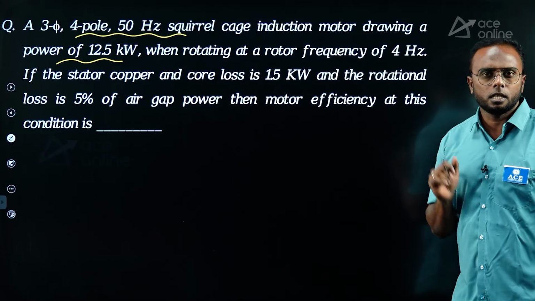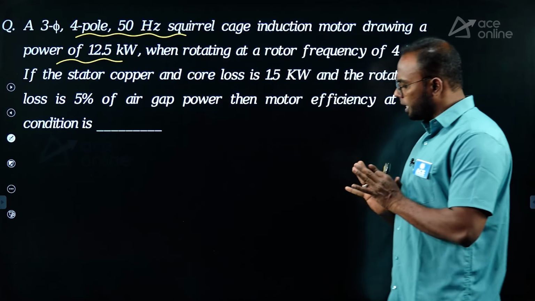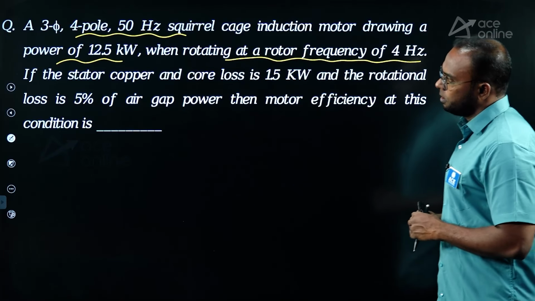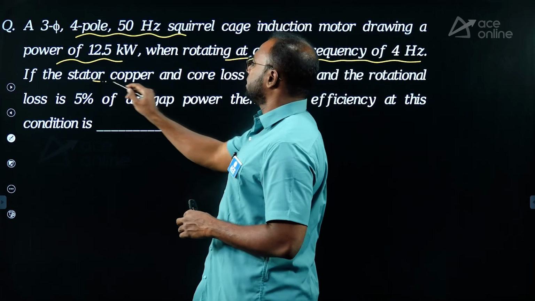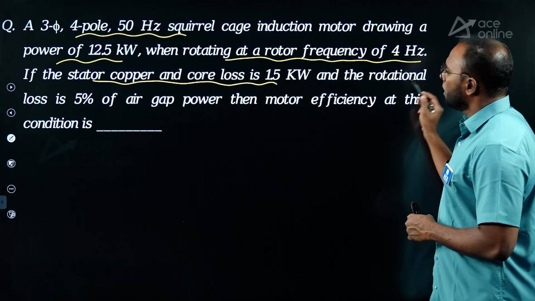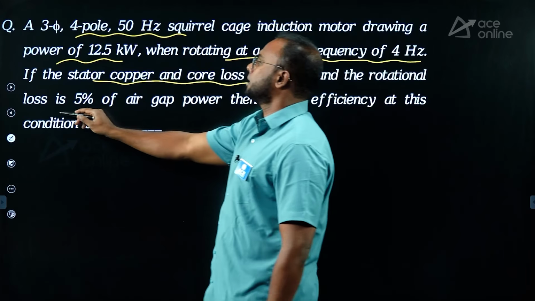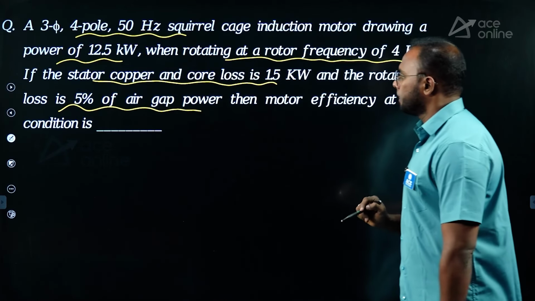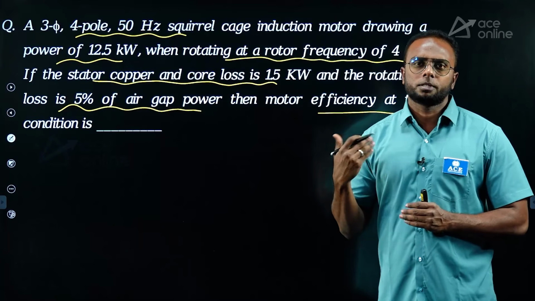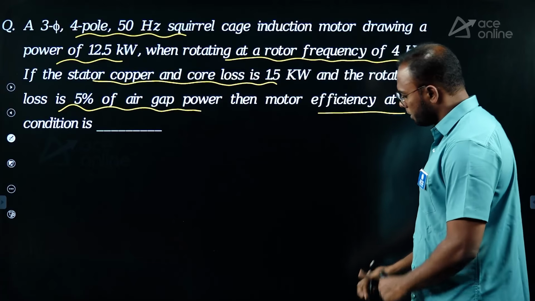That is stator input power, no? Yes, that is motor input directly. And when rotating at a rotor frequency of 4 Hertz, if the stator copper loss and core loss is 1.5 kilowatt and the rotational loss is 5% of air gap power, then the motor efficiency at this condition is dash. First try to do on your own and then cross check the answer.